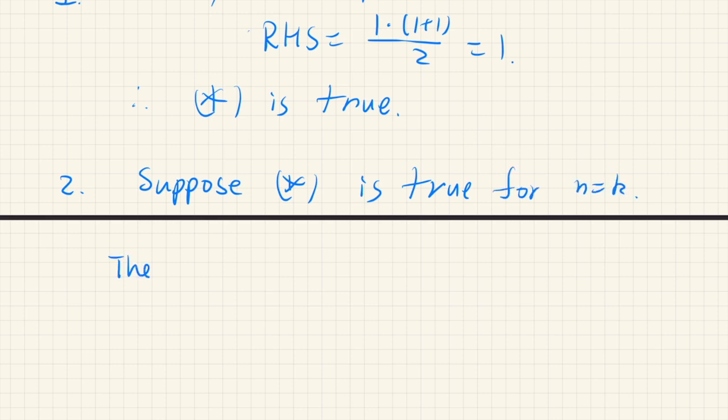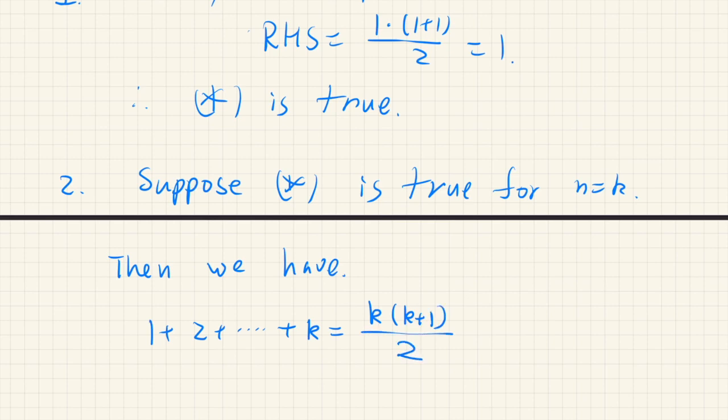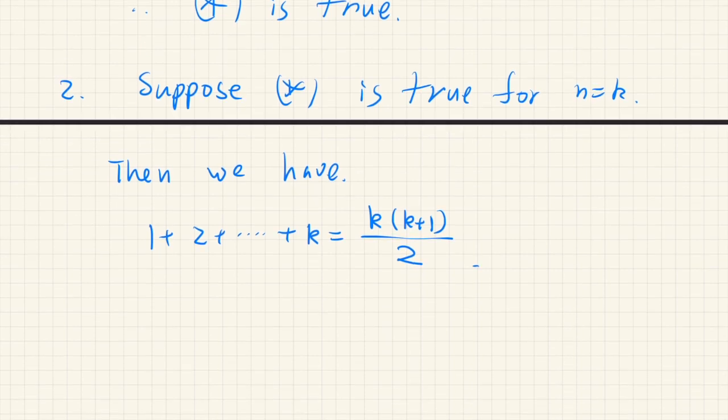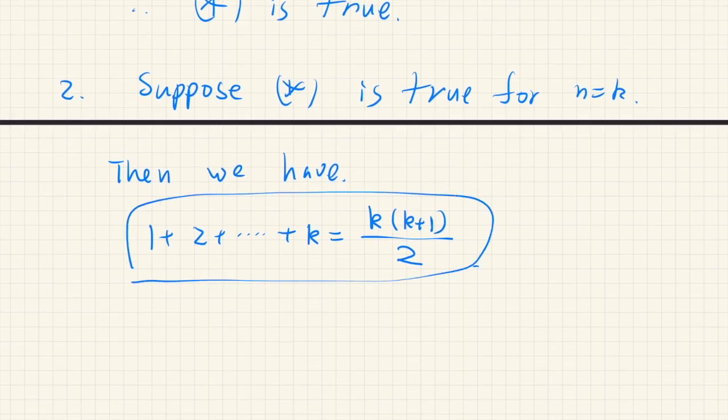Then we have 1 plus 2 plus and so on up to k is equal to k times k plus 1 divided by 2. Okay, so we can use this as given, because we're just assuming it.